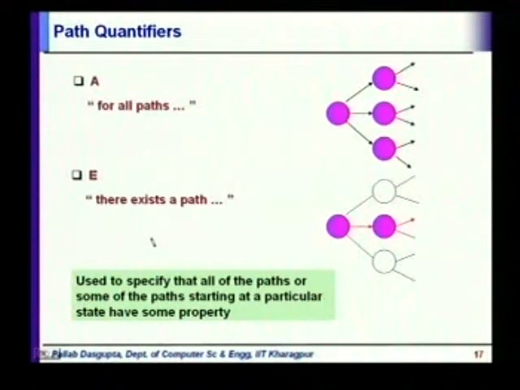Now, in addition to the operators that we saw and the logic, linear temporal logic, there are some additional logics which talk about state based properties, right? They are not path based properties. Linear temporal logic properties, as the name suggests, are linear, so they are defined along paths.